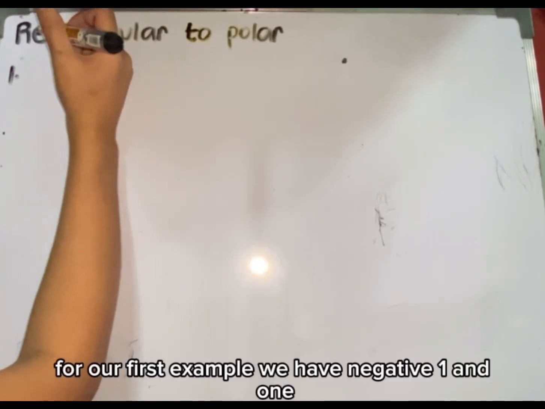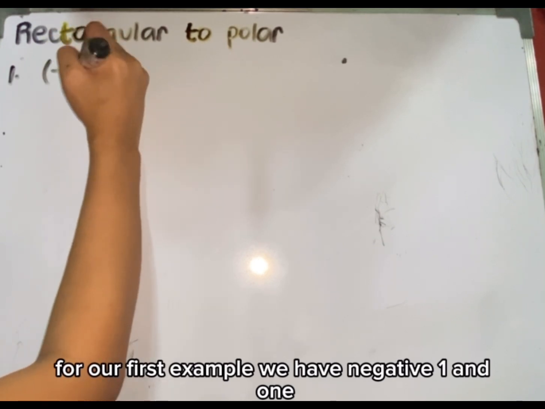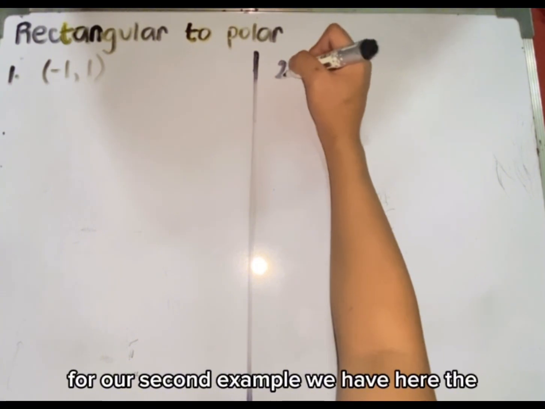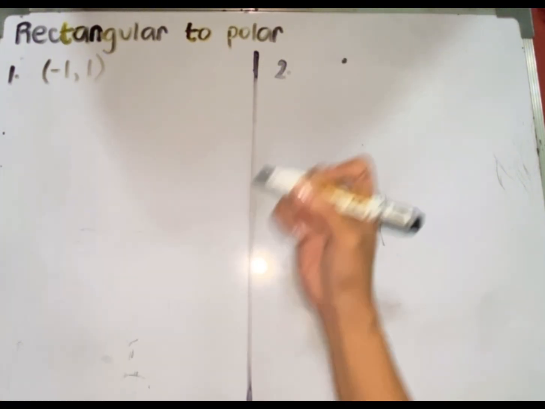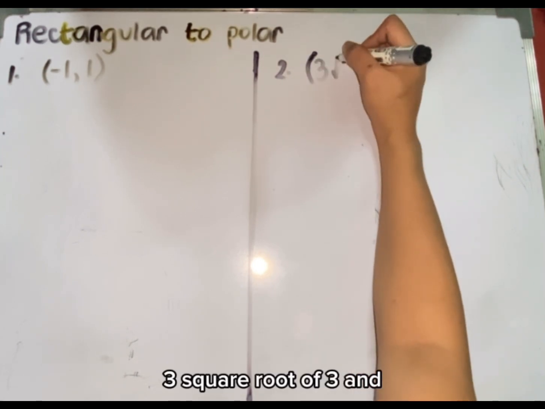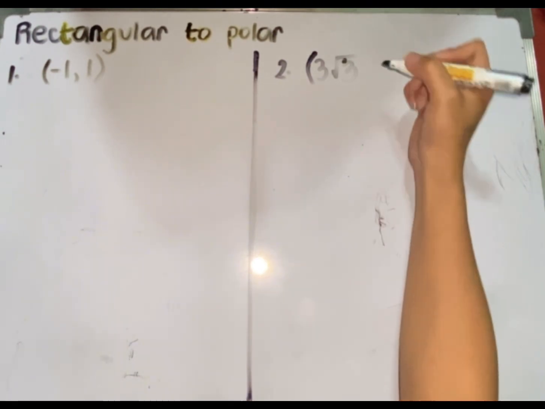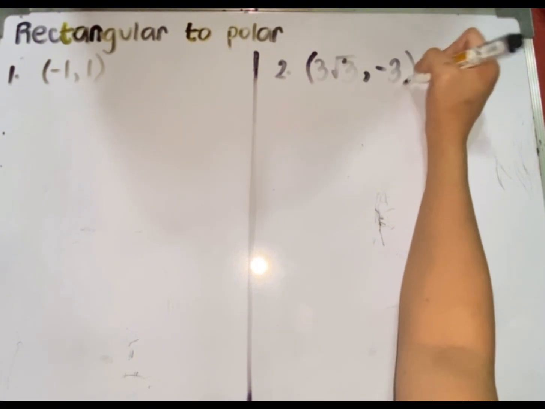For our first example, we have negative 1 and 1. For our second example, we have 3 square root of 3 and negative 3.